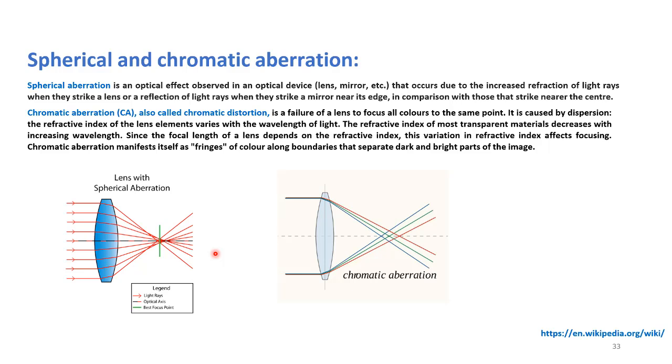As I have told you, the lambda by 2 limit is not an error, it is a limitation. Because of that limitation, we are switching towards the electron microscope, and in that we also do not get any spherical or chromatic aberration. That is the advantage of the electron microscope.